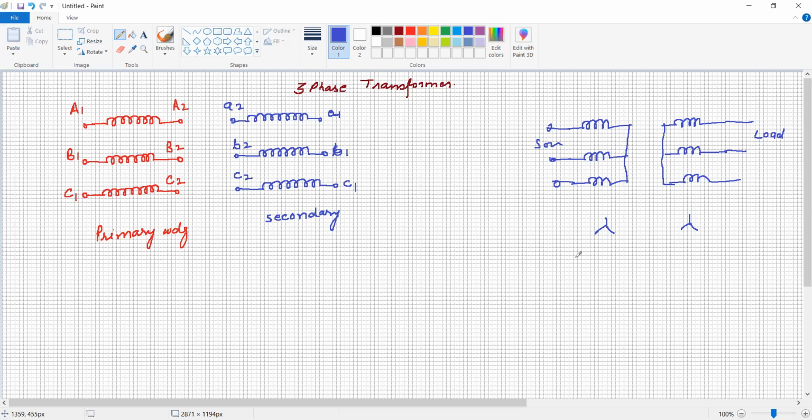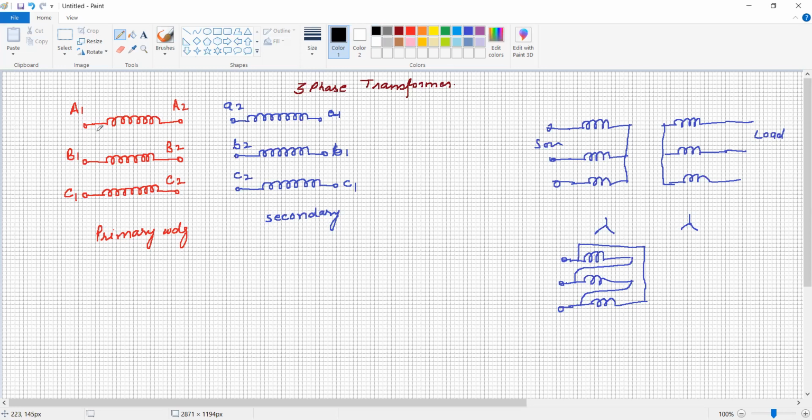Similarly, if it is delta connected, this is our simple and usual representation, but we have to take some notation. Then it is possible to do the proper operation of the three-phase transformer. This is the delta connection. For proper operation, there is a notation already discussed in the polarity test on the transformer.